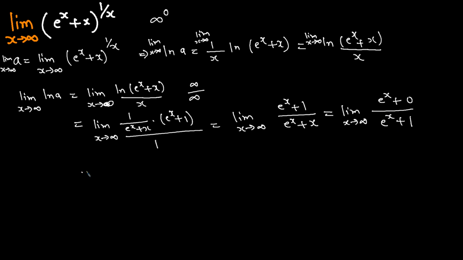So that can be written as the limit as x approaches infinity of e raised to power x, because the derivative of e to the x stays the same, over e raised to power x plus 0. So they cancel out, and we get the limit as x approaches infinity of 1, and that is equal to 1.